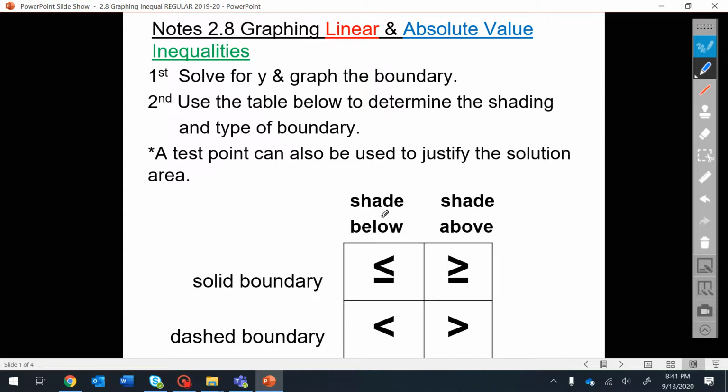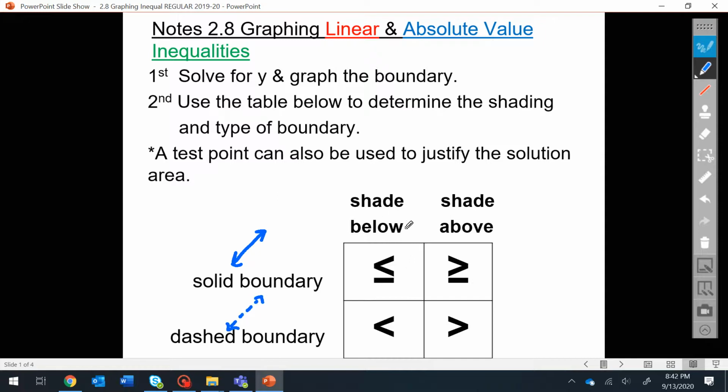So if you take a look at the table we have below here, this will show you which symbol goes with which type of boundary and shading. If you have the line underneath the symbol, that means a solid boundary, and your line will look like this. And if you see it without the line underneath, you're looking at a dashed boundary like this.